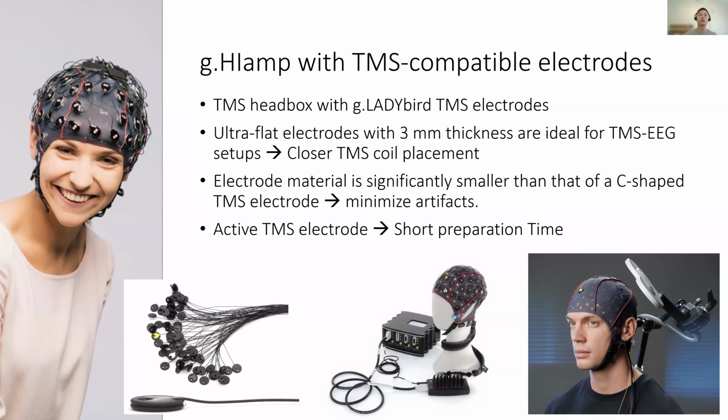The thinness of this electrode allows you to place the coil near the head, which means a higher triggering and higher electric stimulation in your brain, which makes the whole research or clinical application easier. It also minimizes the artifact because we have a smaller pellet for conducting the EEG signals, which makes all the preparation and measurement easier than before.